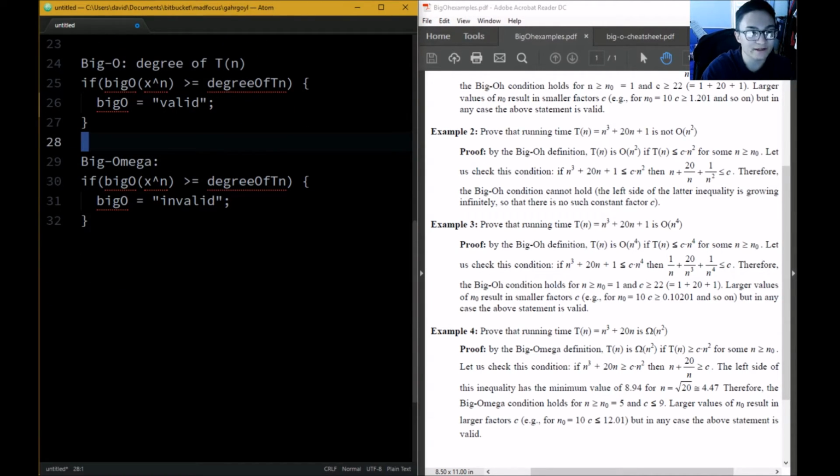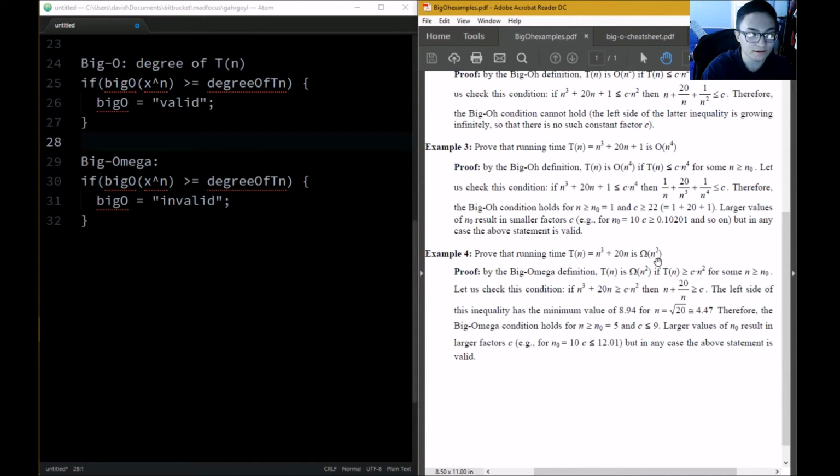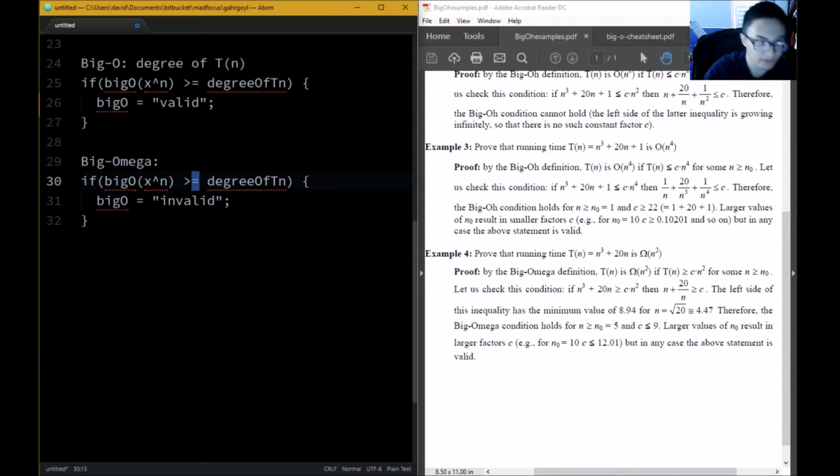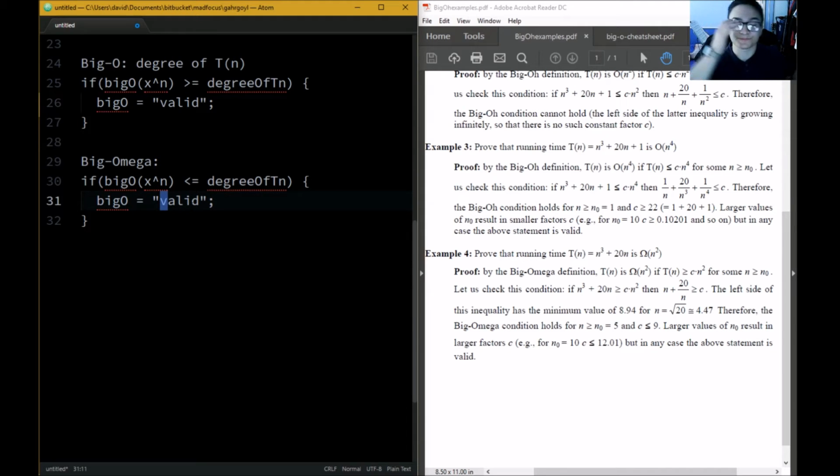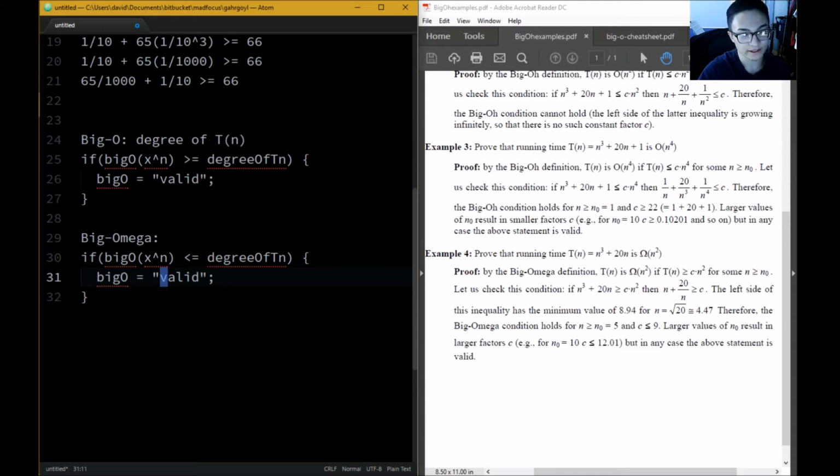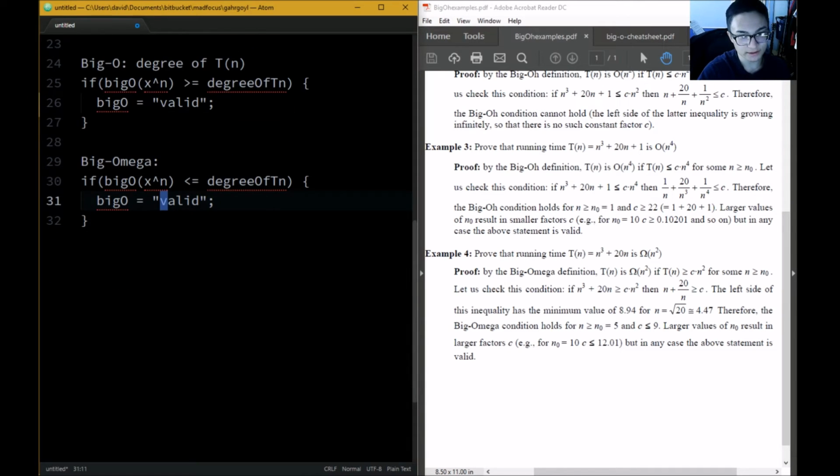Then with big omega, it's swapped: if the challenge big O is less than or equal to the degree of T of n, we know that it is valid. So then we need to prove that it's equal. We know that if it's less than, it's valid, and if it's greater than, it is invalid. So if it's equal to, let's do a quick run through.